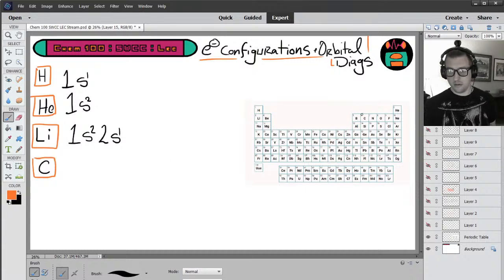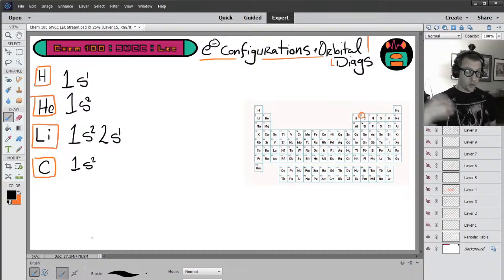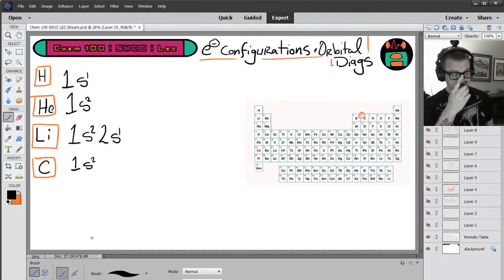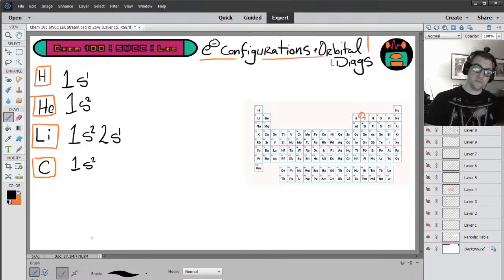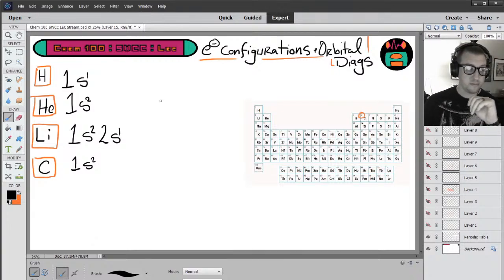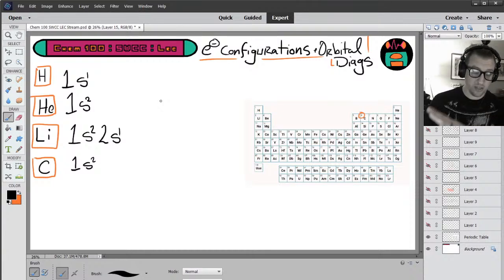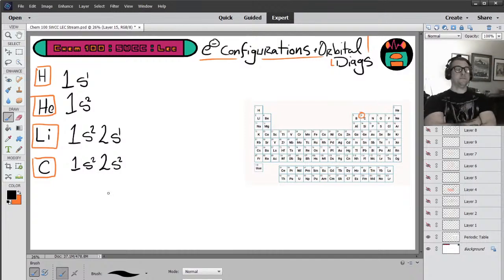Carbon has 6 electrons. The first 2 will go into the first shell, the S subshell. Next, now we're on the second shell. We have a choice, P subshell or S subshell, and you always go for the lowest energy orbital first. So we're going to fill up the 2s subshell.